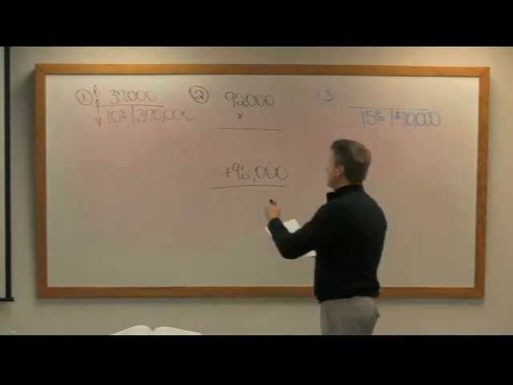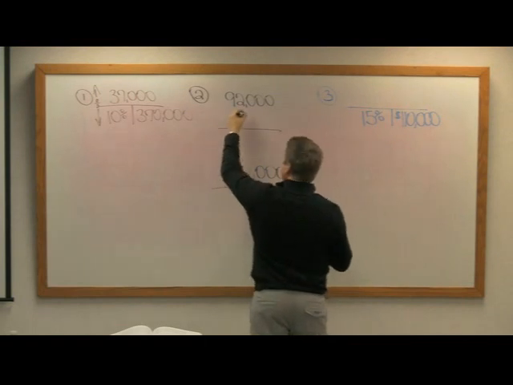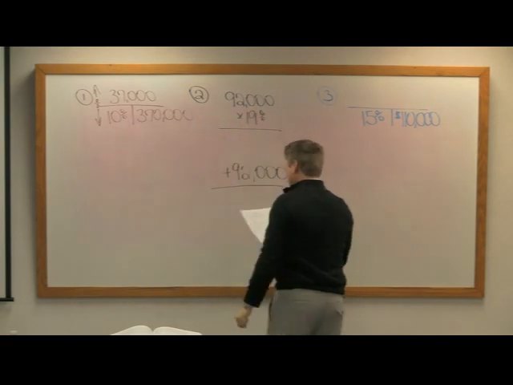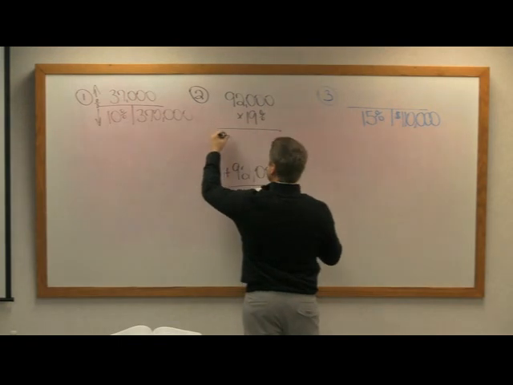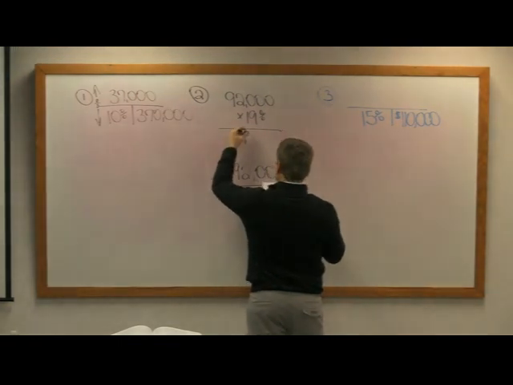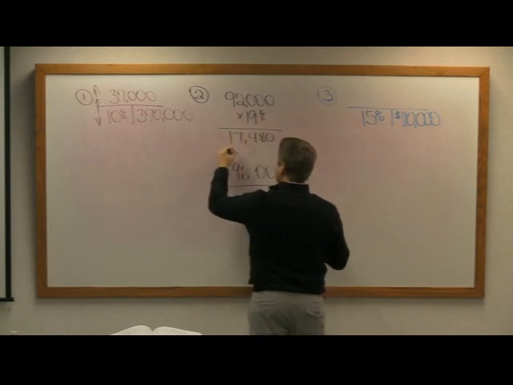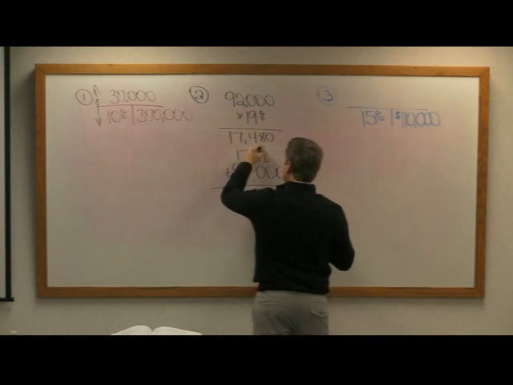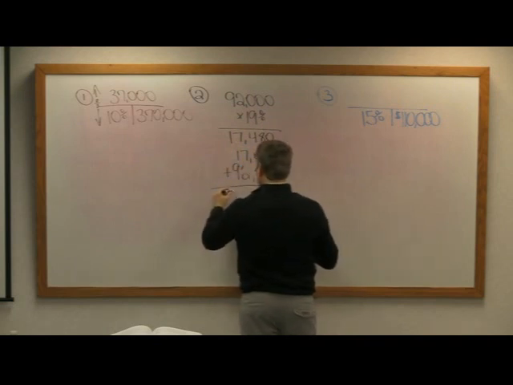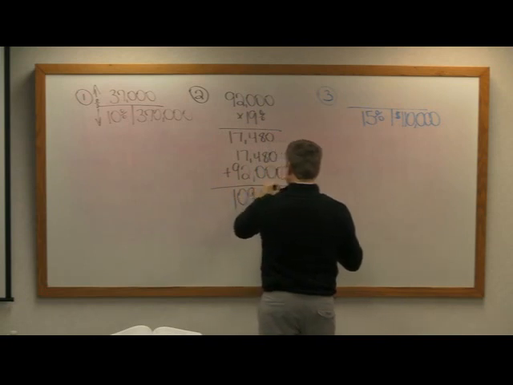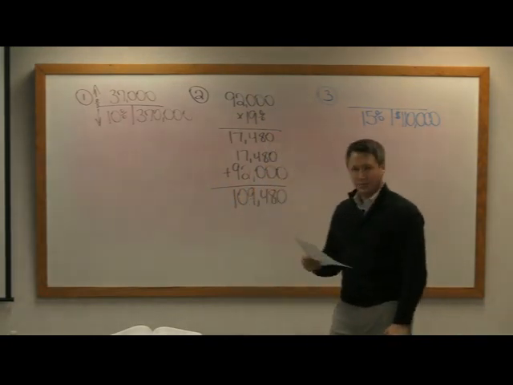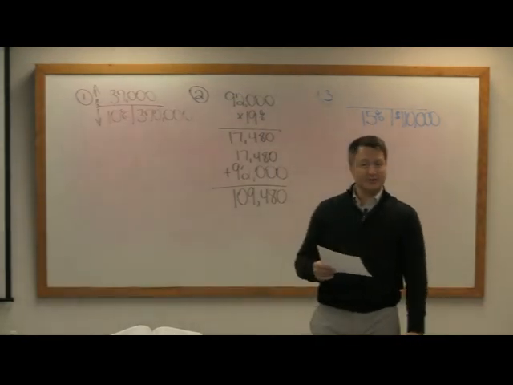This is maybe a little bit longer, but if we take the $92,000 times the 19% for my profit, I'm going to get $17,480. So if I take the $17,480 and I add it to the $92,000, I get $109,480.